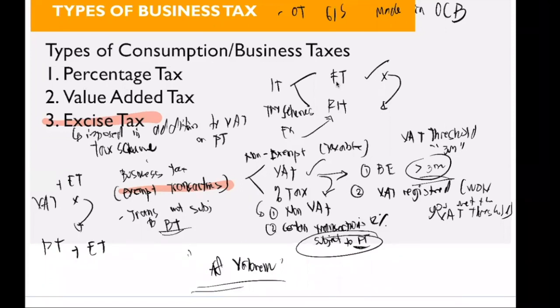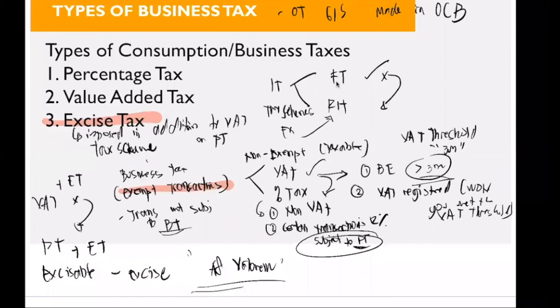Only those certain items have an excise tax. Okay? So not all has excise tax. You will only add value to your VAT or percentage tax if that particular product is excisable, subject to excise tax.